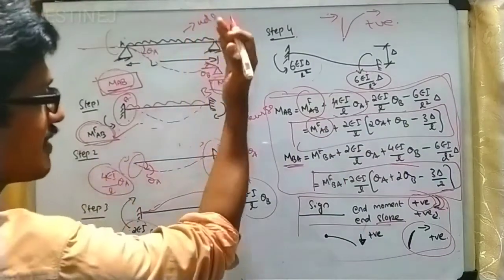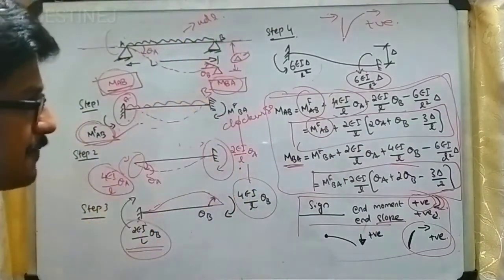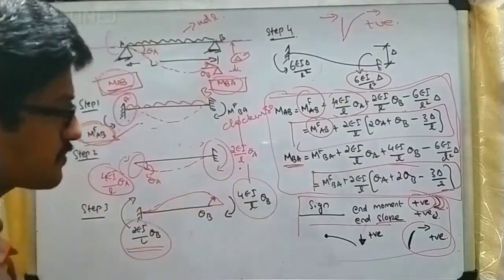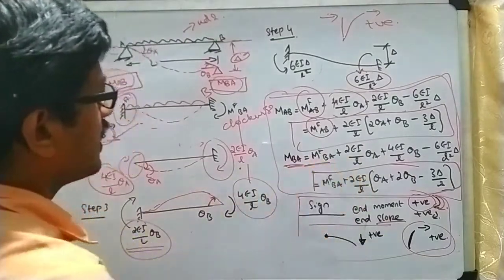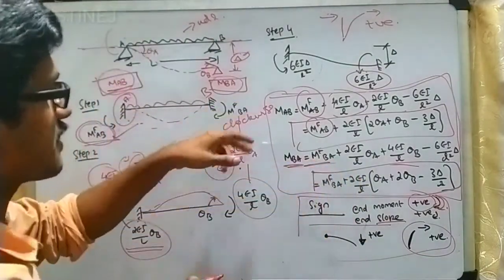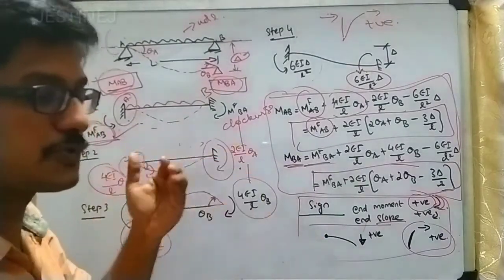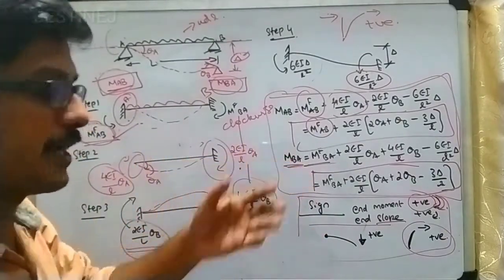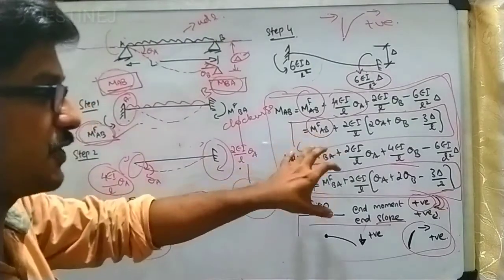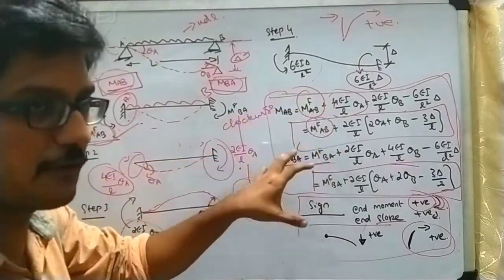Similarly on the right side, at joint B, the MBA is going to be MFBA, in the clockwise direction, and according to your values, whether positive or negative, you can put down that value. Okay, this is actually a representation, don't get confused.